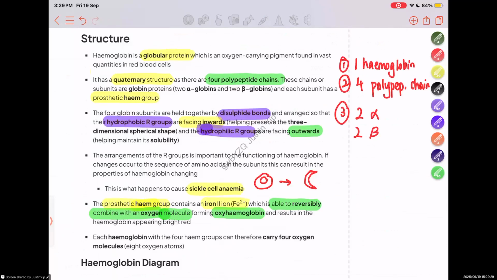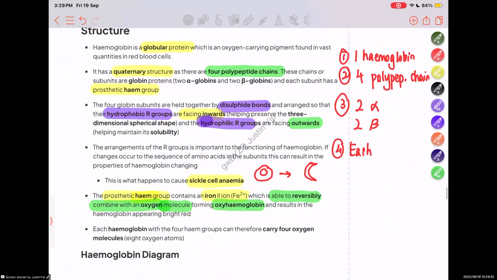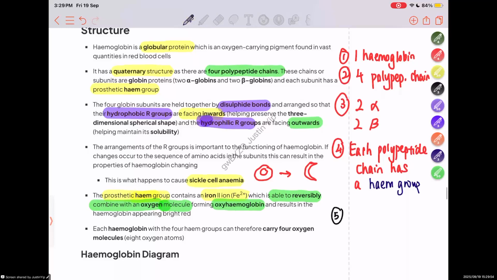Each of your polypeptide chains has something we call a heme group. Each heme group contains what? Each heme group contains Fe2 plus.